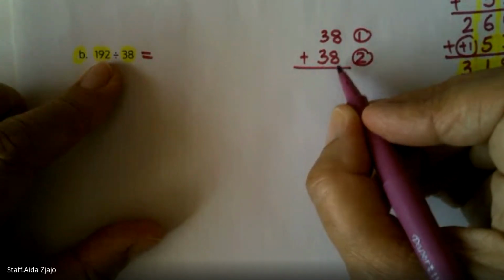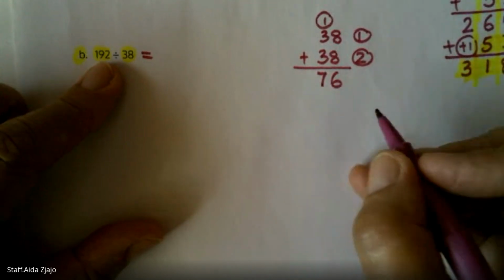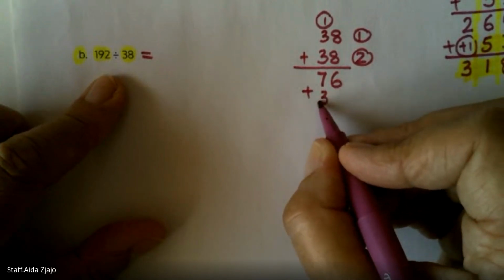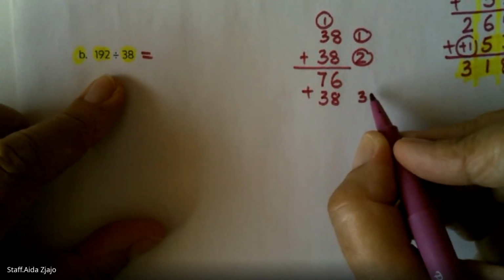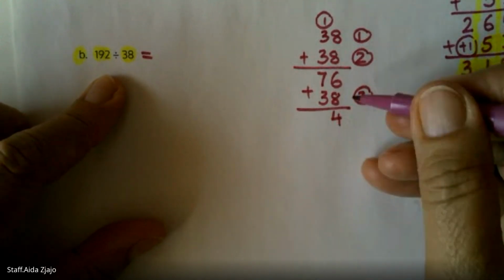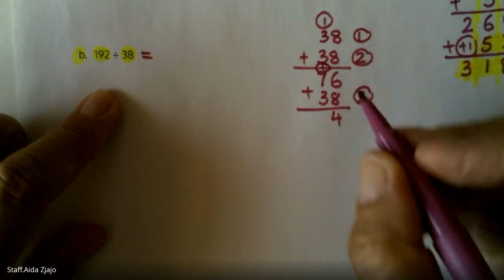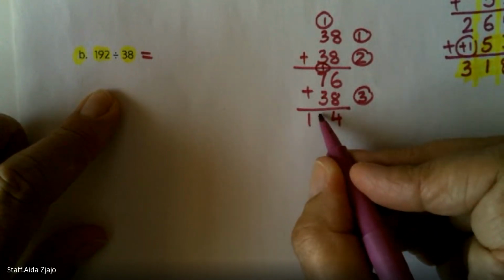So 8 plus 8 is 16. Remember 1, that's 76. I add 38, that was the third group. And then 8 plus 4 is 8, 8 plus 6 is 14, plus 1 is 11.